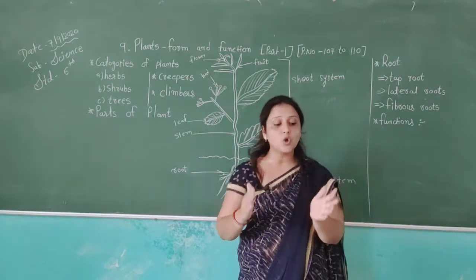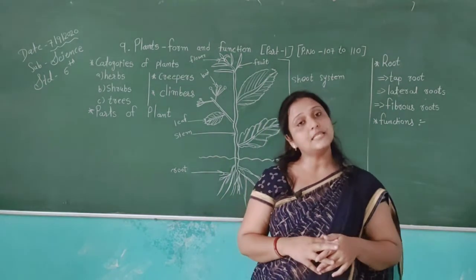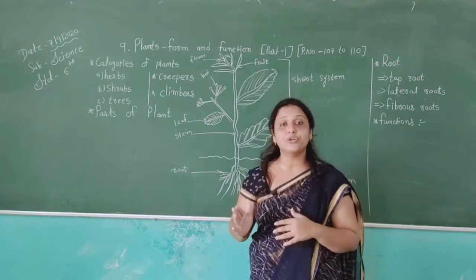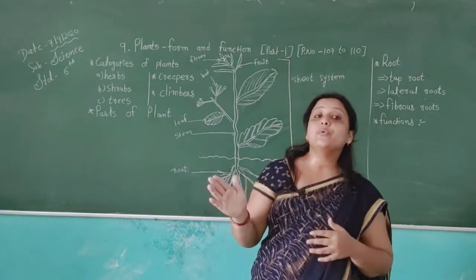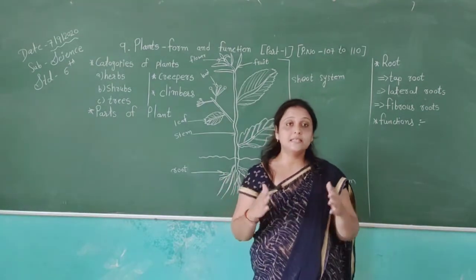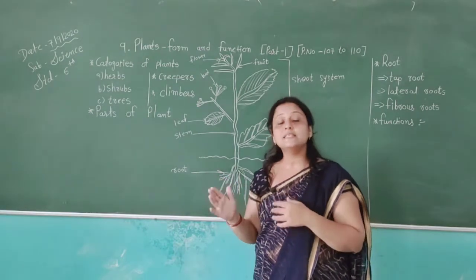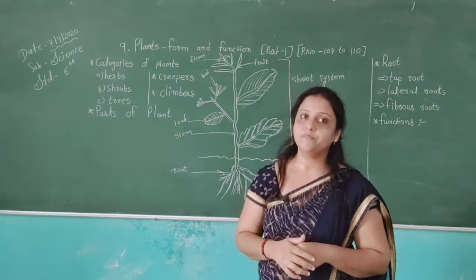In your textbooks on page numbers 108 and 109, they give us some activities, Activity 9.1 and Activity 9.2. In this activity, they tell us to identify herbs, shrubs, and trees in nature.